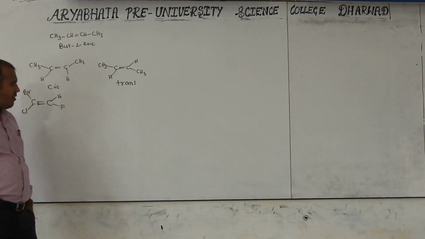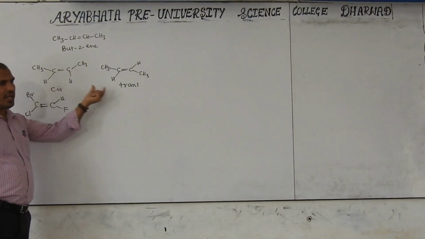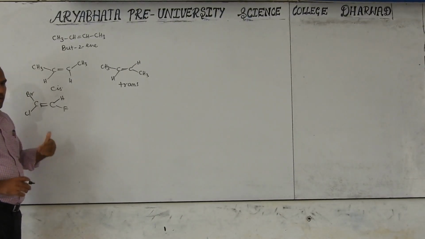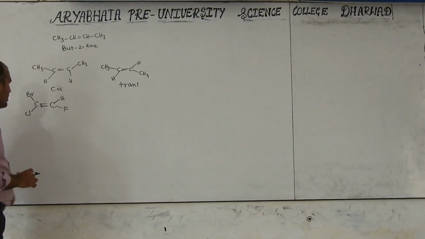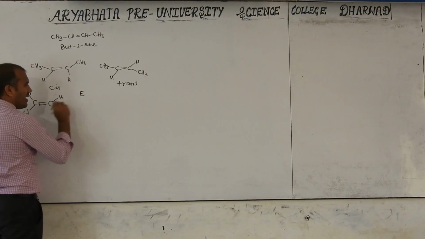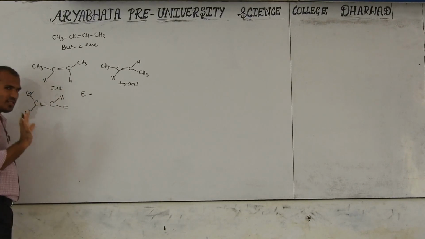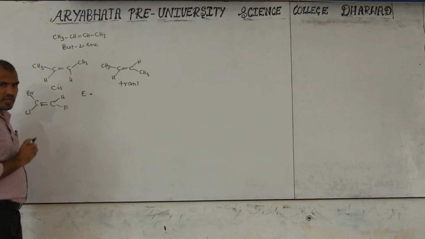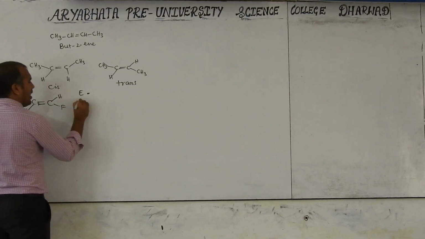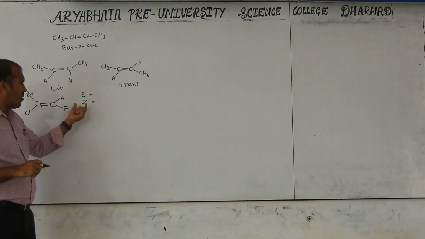When all groups are different, we cannot identify them as cis and trans. In that case, E-Z nomenclature is introduced. E means Entgegen, like trans, similar to trans but the rules are different. And this is Z, similar to cis, Zusammen.